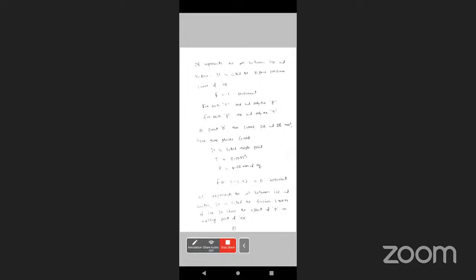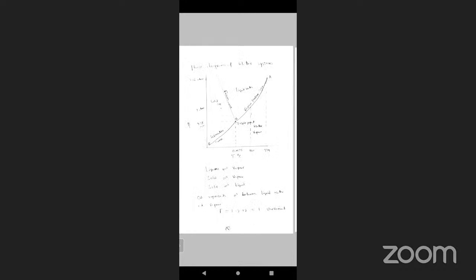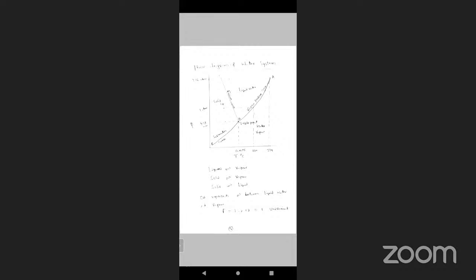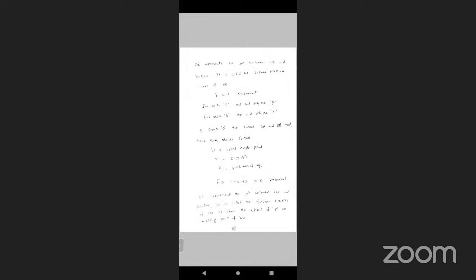So again, OC represents the equilibrium between ice and water. It is called the fusion curve of ice. And it shows the effect of pressure on the melting point of ice. So OC is called the fusion curve of ice.